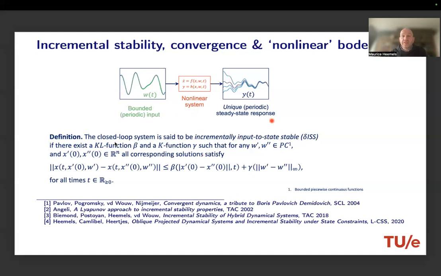The property that we're after is incremental input to state stability of the nonlinear system.